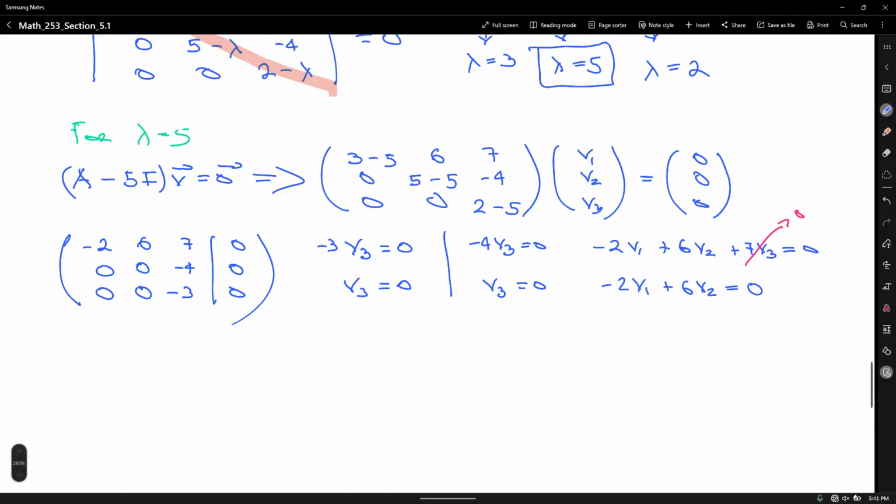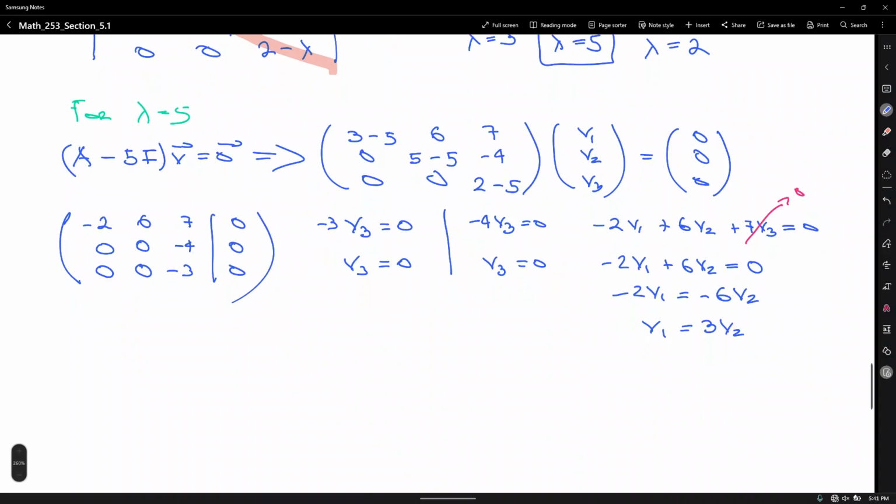Now here's where we're going to use the trick again. This time, I'm going to solve for v1, because if I solve for v2, that's going to give me fractions. We could do that, but that's fine. I'm going to solve for v1. Negative 2 v1 equals negative 6 v2. Divide both sides by negative 2: v1 equals 3 v2.